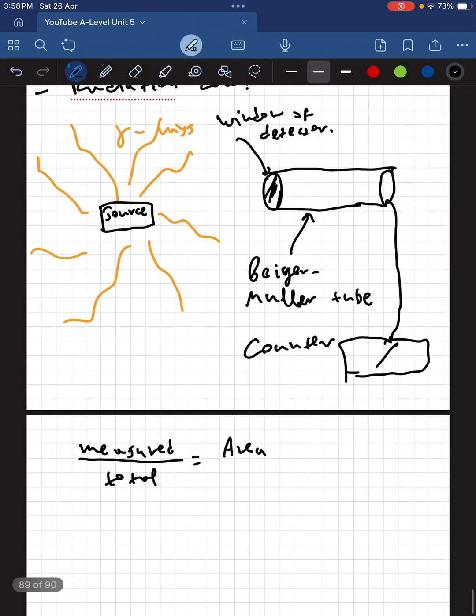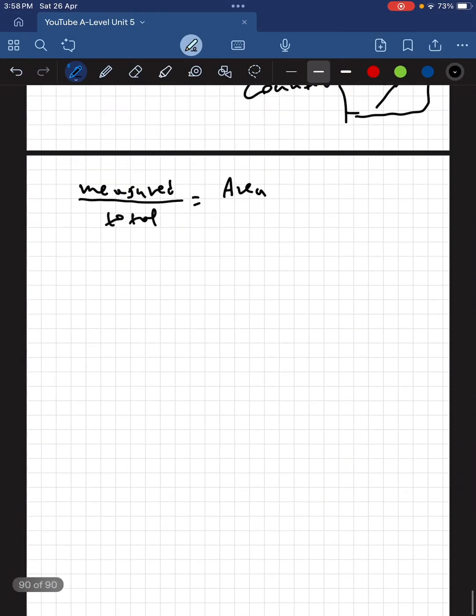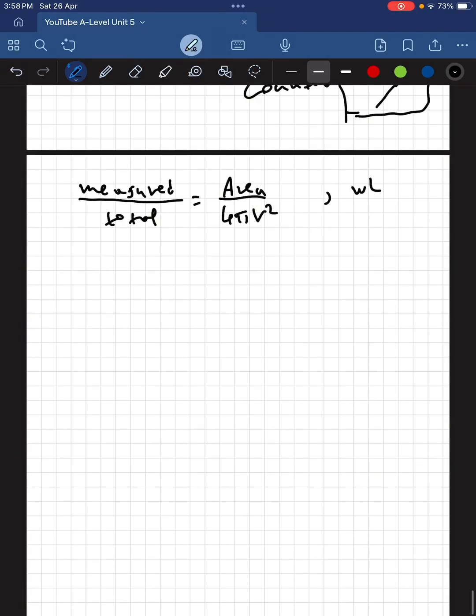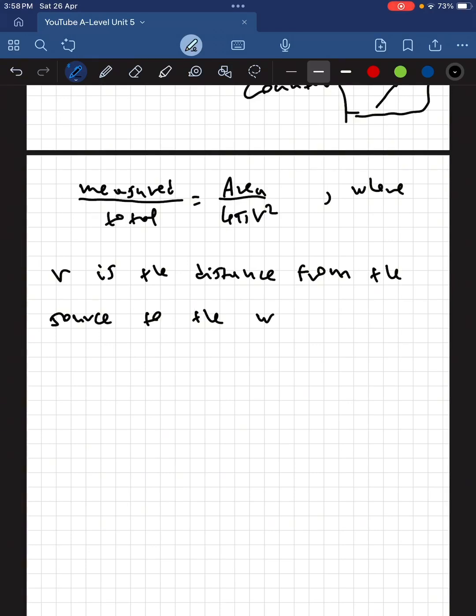Then the radiation received by the Geiger-Muller tube is given by: measured amount of radiation over total is equal to the area of this window over 4 pi r squared, where r is the distance from the source to the window.